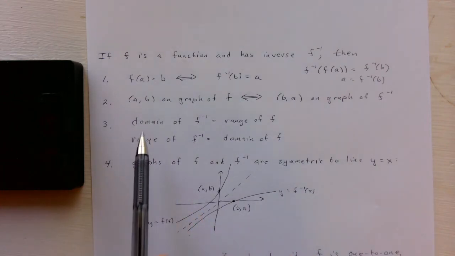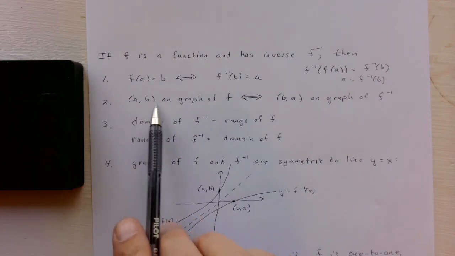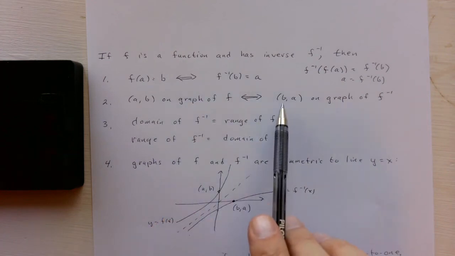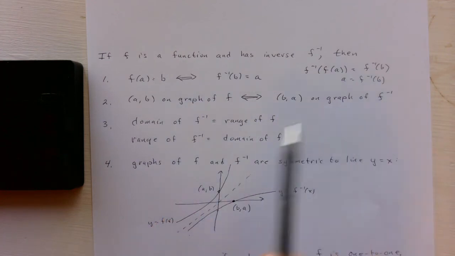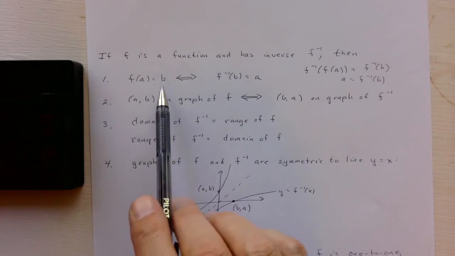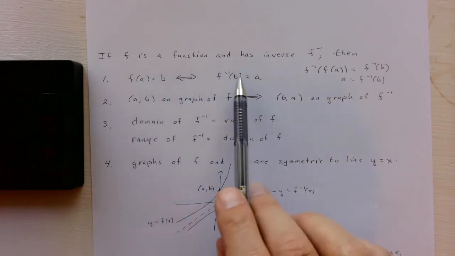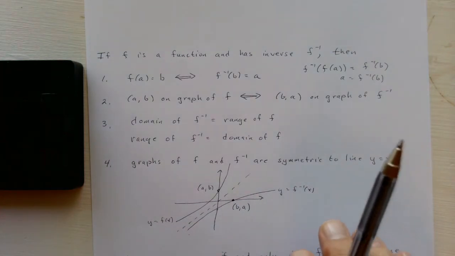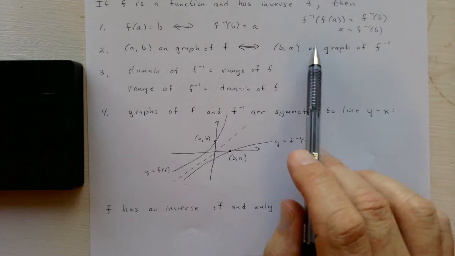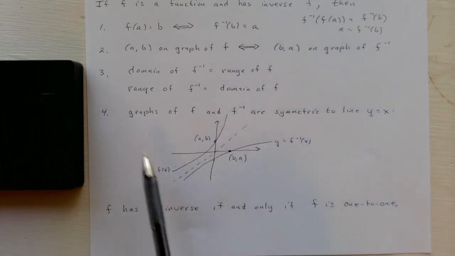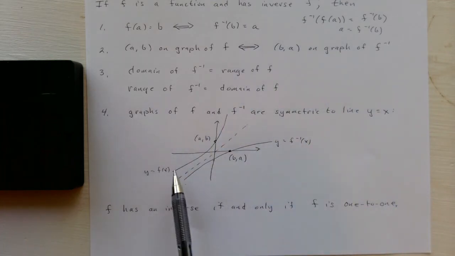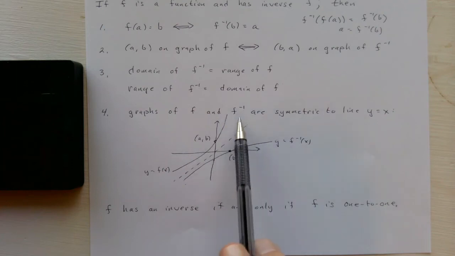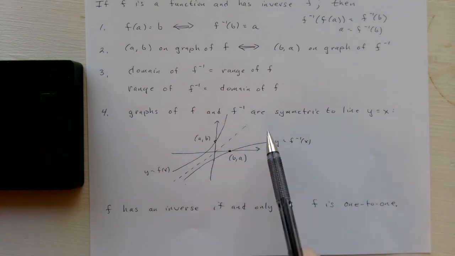And as a result, we have the fact that if (a, b) is on the graph of f, then the point (b, a) is on the graph of f inverse, because this and this mean the same thing. And we'll see that as a result of that, I'll skip to number 4. The graphs of f and f inverse are symmetric about the line y equals x.